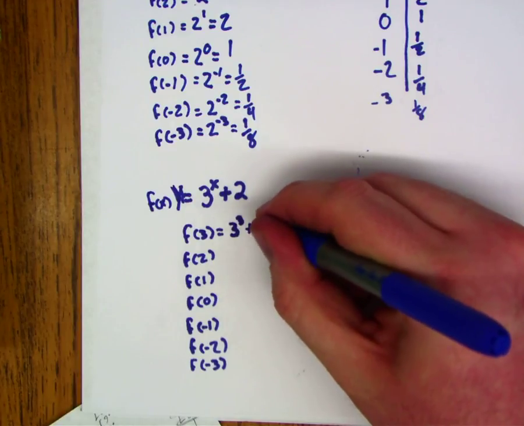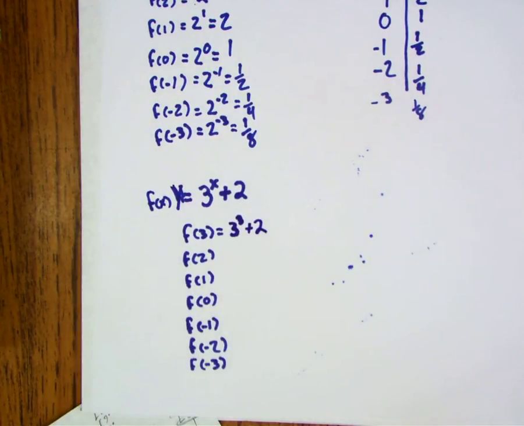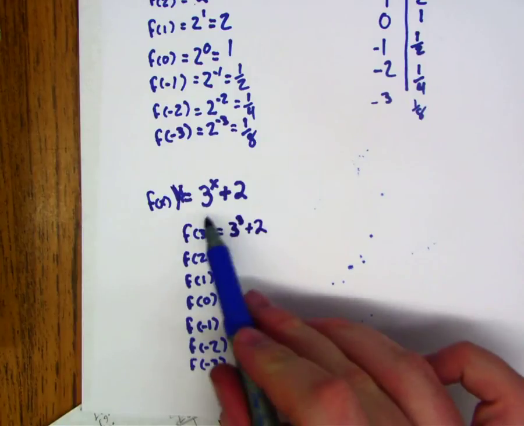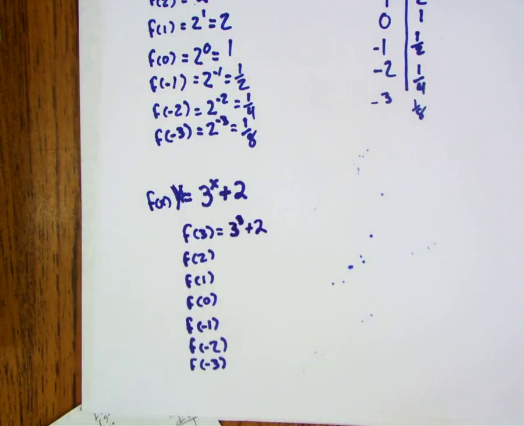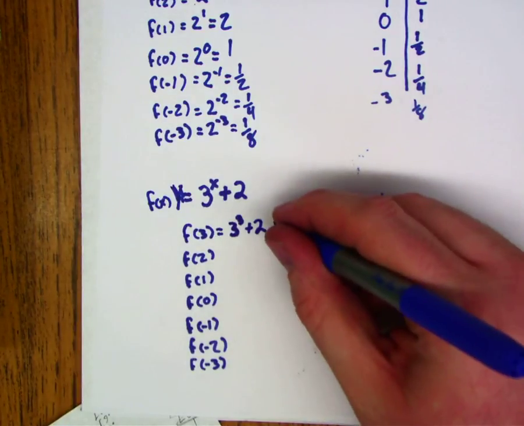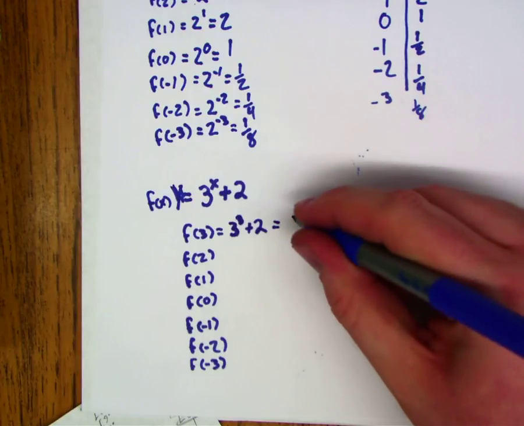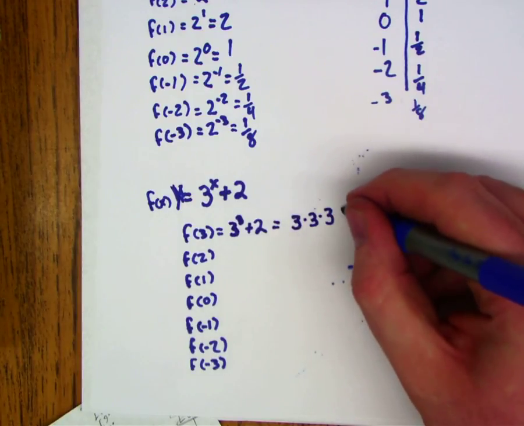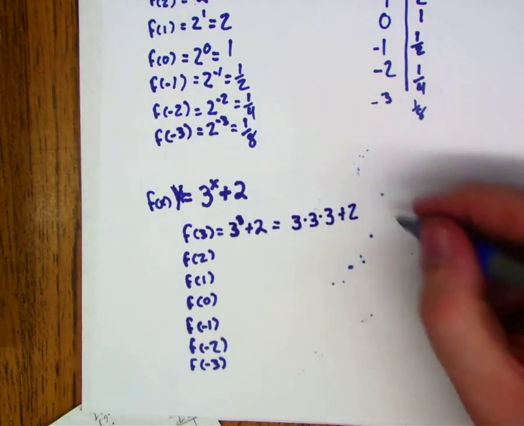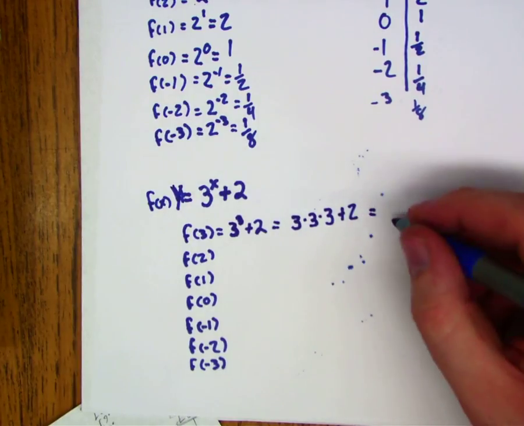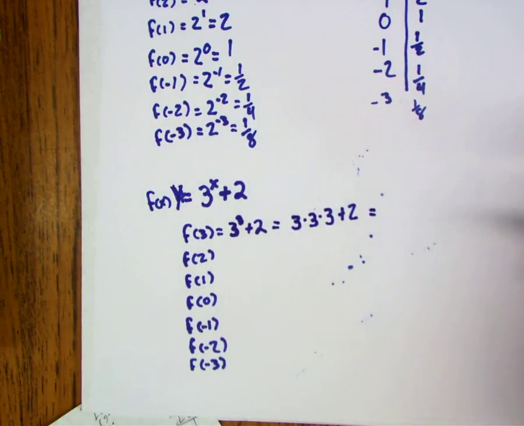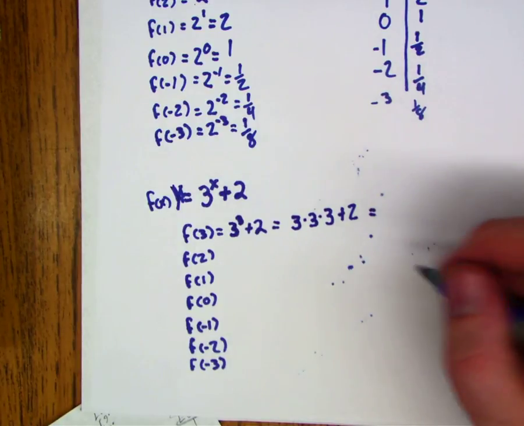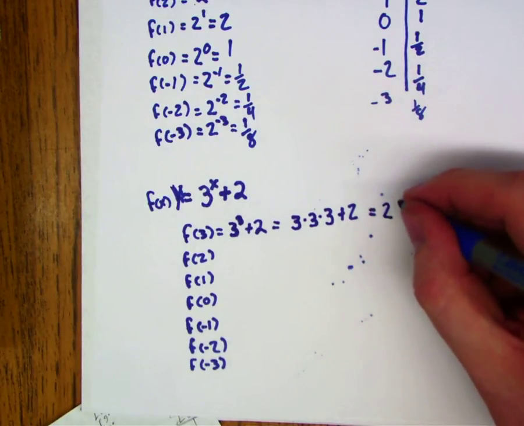And then don't forget to add the 2 at the very end there. So now for this new f of x, wherever there was an x, we'll put in our new value. And again, this is going to simplify to 3 times itself 3 times. Then we'll add a 2. And that's going to give us 3 times itself 3 times will be 27, plus 2 gives us a value of 29.